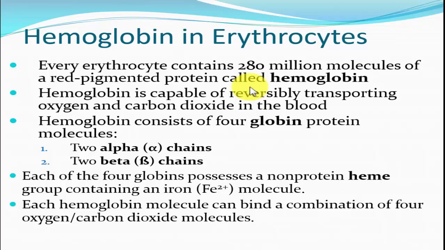Every erythrocyte has 280 million molecules of hemoglobin inside of it. This hemoglobin can then bind a combination of 4 oxygen and carbon dioxide molecules. If you do the math, that comes out to just under 1 billion ways to transport oxygen and carbon dioxide within the blood.